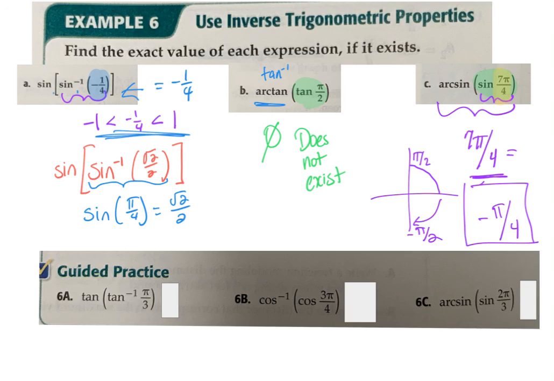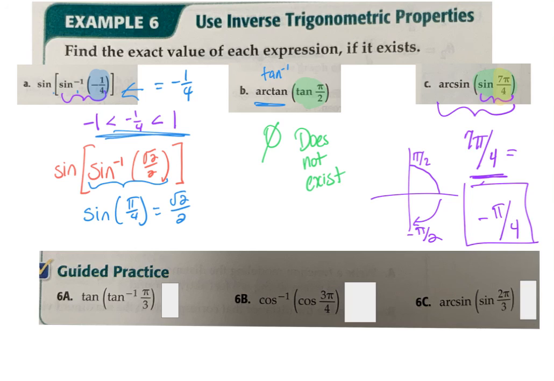But if I did 7 pi over 4, I'm going all the way around outside of my boundaries. It wants me to go from 0 to pi over 2 and 0 to negative pi over 2. Yes, 7 pi over 4 is a valid angle, except I have to write it within my range. And so I have to write it as going down pi over 4, negative pi over 4. It's the same angle, but you have to write it in terms of what it understands.